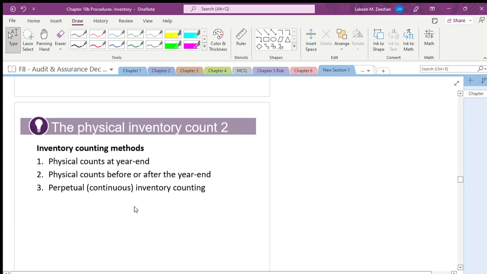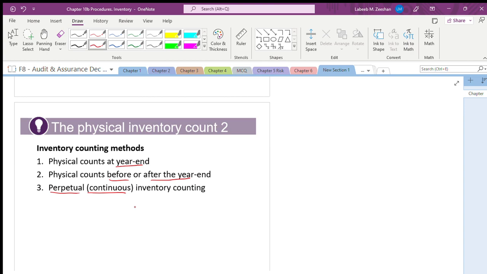What is the physical count, inventory counting? Physical count at the year end, physical count before or after the year end, and it is nothing but the perpetual count, continuously moving. Like at hypermarkets, continuously it will move. That's very challenging.